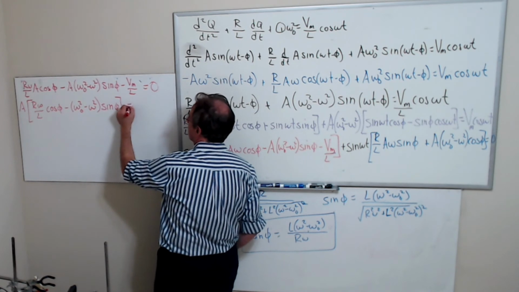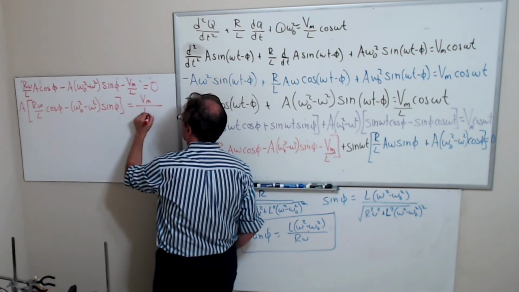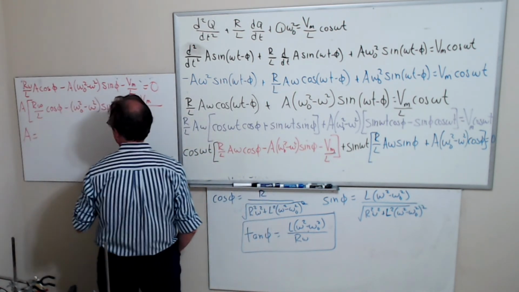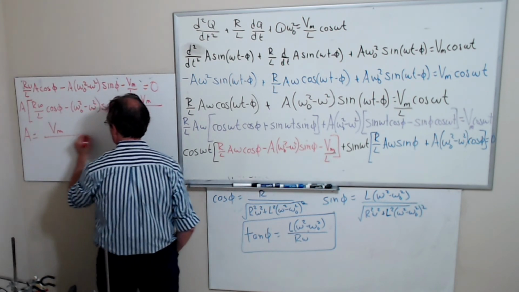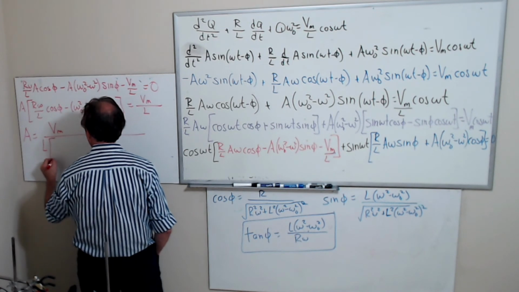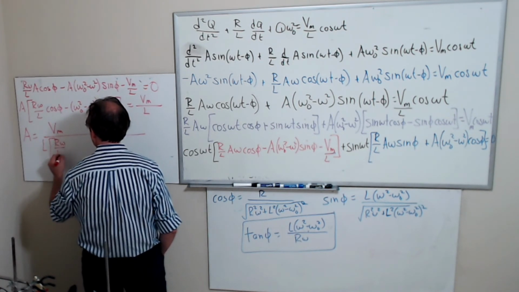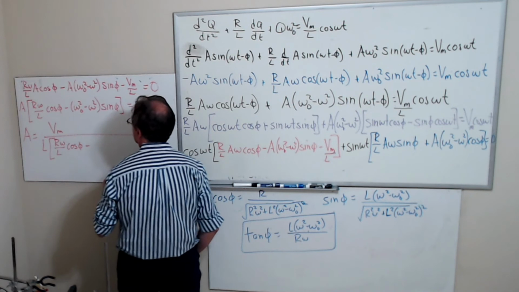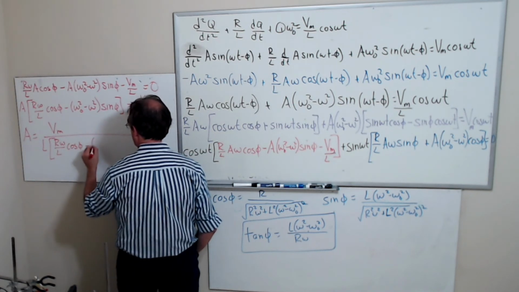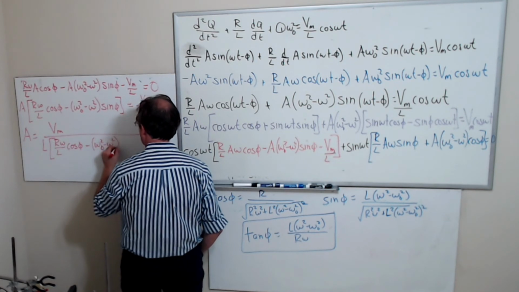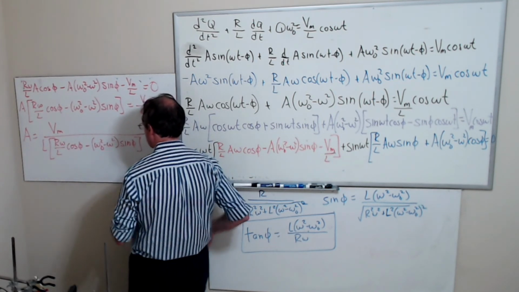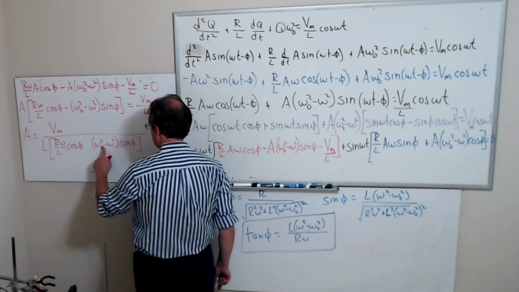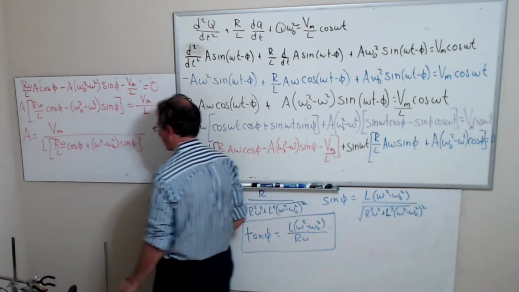And I'm going to move this to the other side of the equation. So then A is equal to V sub m over L times and again, what I'm going to do here is distribute the minus sign through. So I get that.